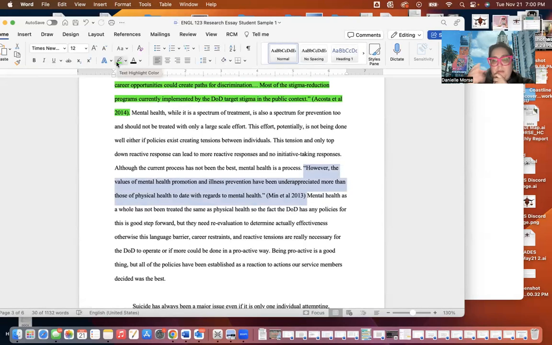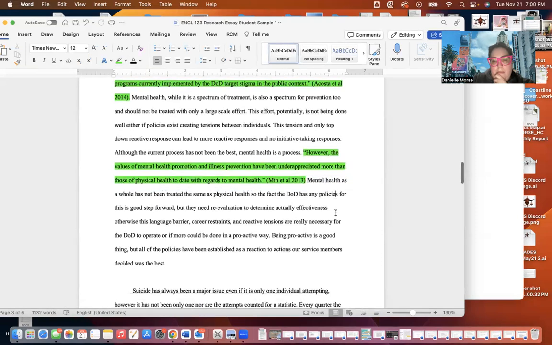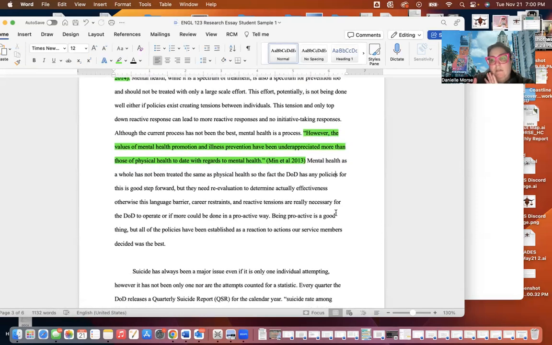They're not putting the period in the right place. It's a little frustrating. However, no signpost. The values of mental health promotion and illness prevention. I'm thinking to myself, what's the difference between mental health and illness?